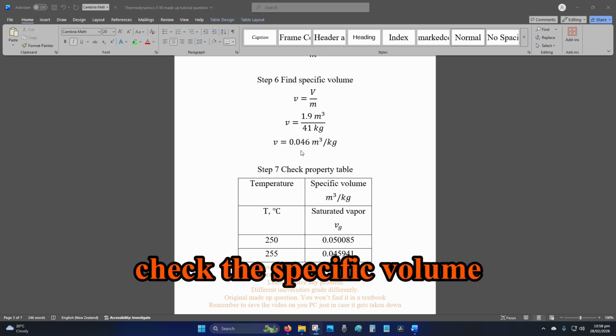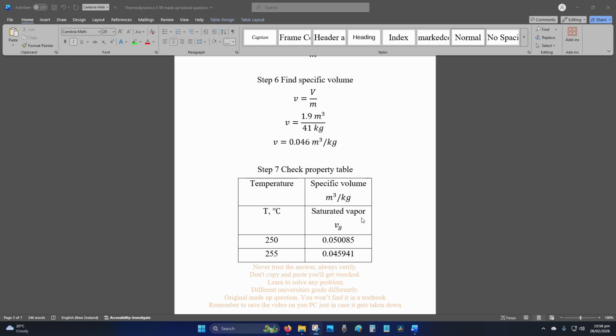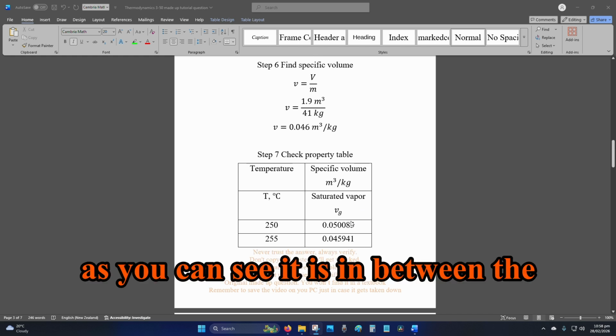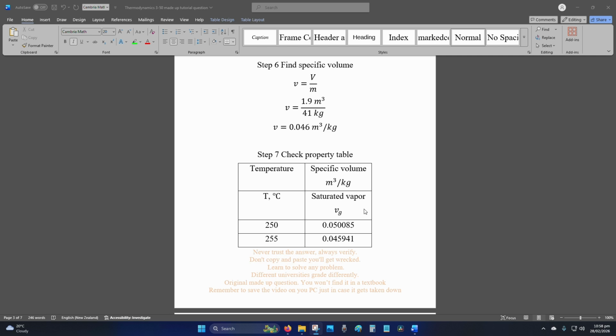Check the specific volume against the saturated vapor. So, as you can see, it is in between the ranges of 0.050085 and 0.045941.